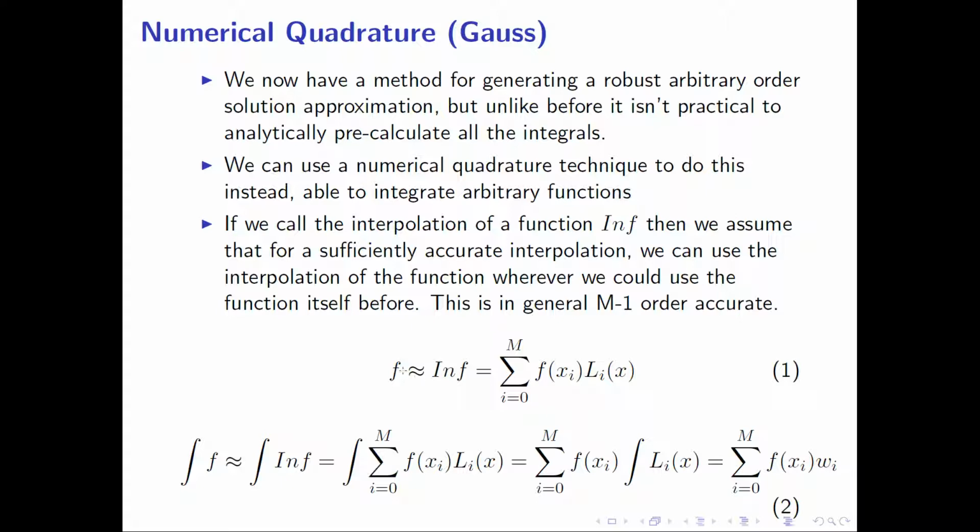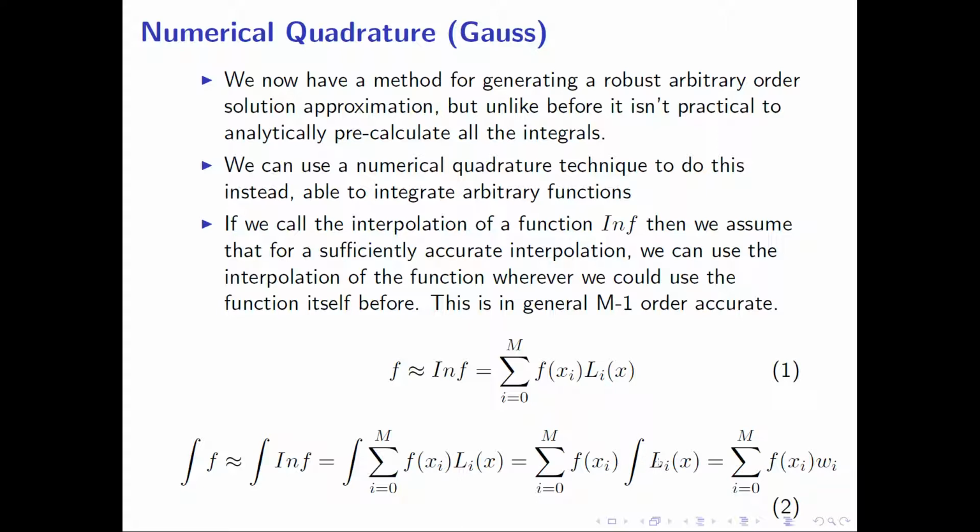So here we can see we're making this substitution, and we're using a Lagrange basis for our interpolation. So if we substitute this in for an integral, we can see that we can separate out the terms that don't depend upon the region of integration. So we just simply have ultimately the integral of our Lagrange basis.